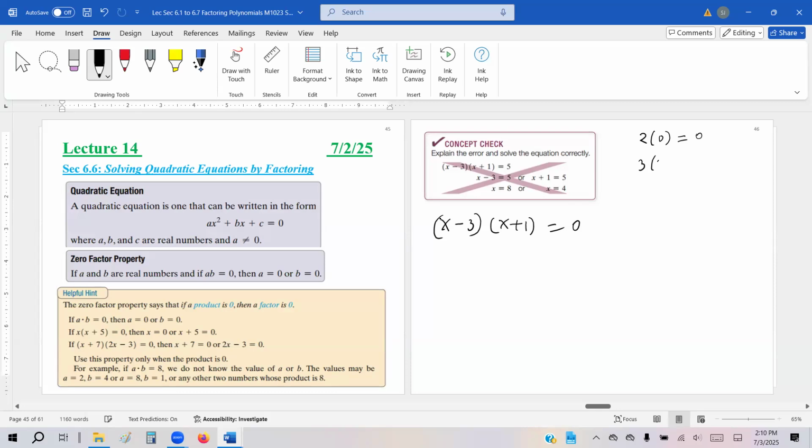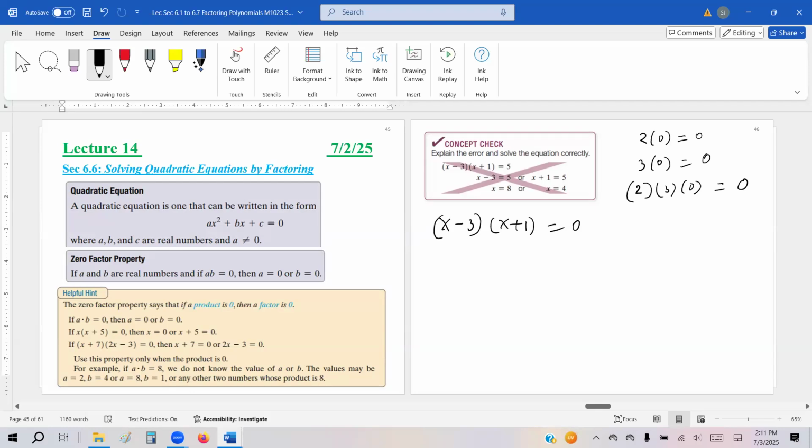Or if you multiply 3 times 0, the answer is 0. So anytime you multiply a few things and the result is 0, one of them has to be 0. For example, you can have 2 times 3 times 0. What's the answer? 0. As long as one of the elements in your multiplication is 0, the answer is 0.